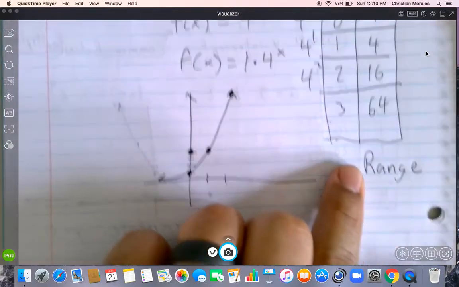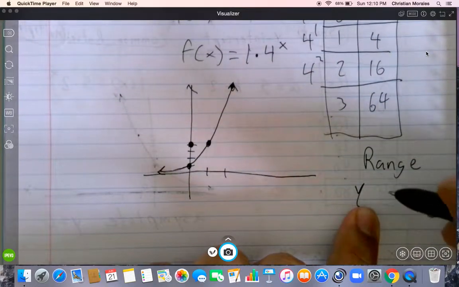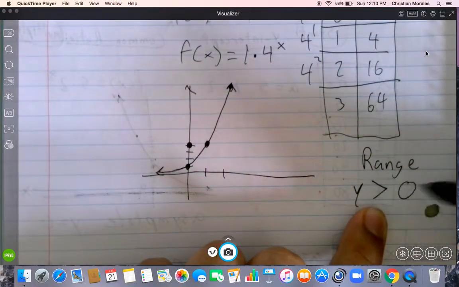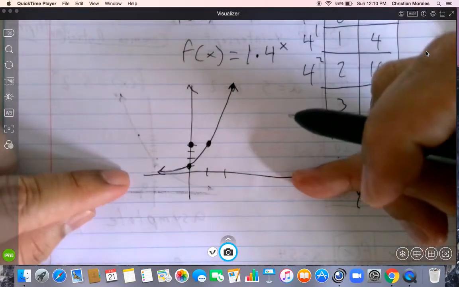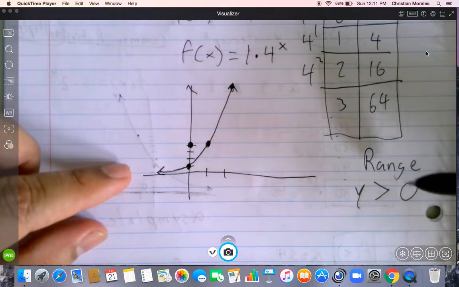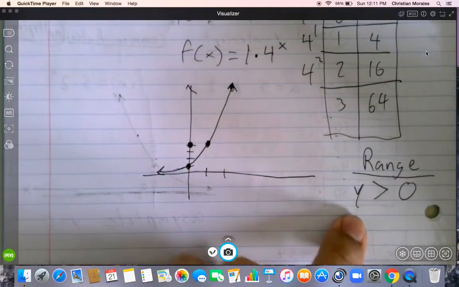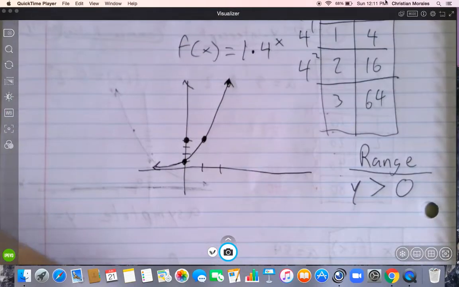So your range is your y values, and they will always be greater than 0 because the asymptote doesn't let the curve go below that. It can be above it, but it will never be below 0. So the range is always greater than 0. Okay, that's it.